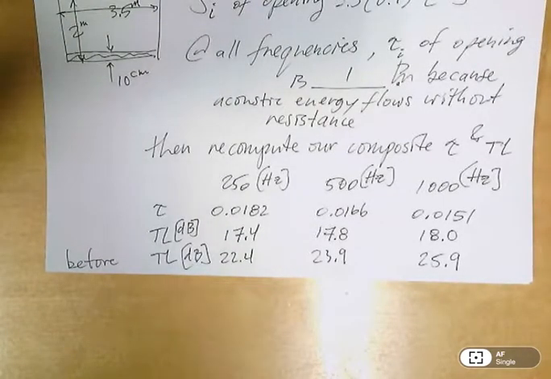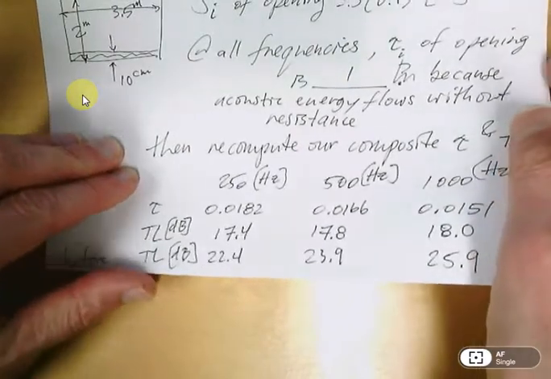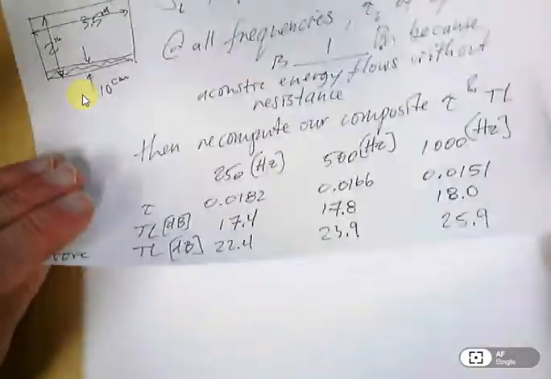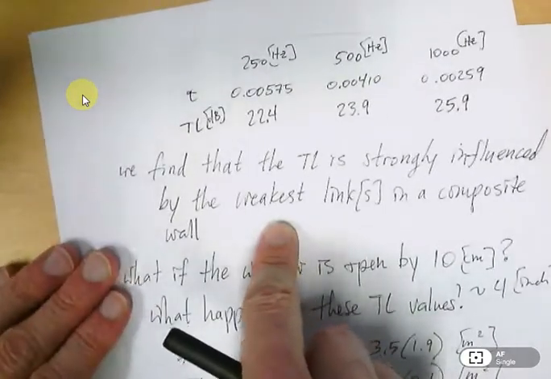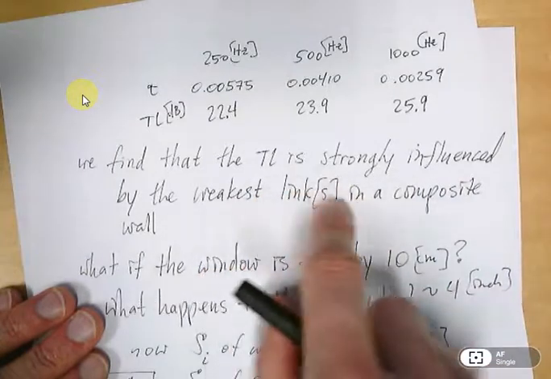So our weaker link, which previously was the door, has now been made weaker by this small opening. So once again, we see an emphasis on the significance of these weak links. So clearly, the transmission loss is strongly influenced by the weakest links. Previously, it was the door.